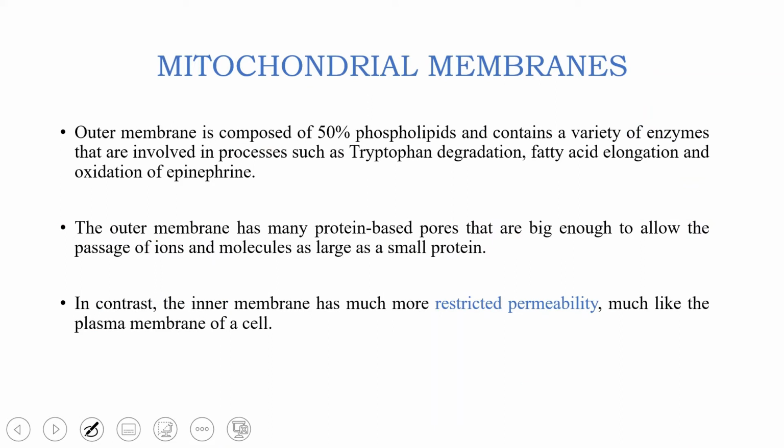Coming to the mitochondrial membranes, the outer membrane is composed of 50% phospholipids, and it contains a variety of enzymes for several different processes. So processes that occur in the outer membrane with the help of the enzymes present in the outer membrane are tryptophan degradation, fatty acid elongation, and oxidation of epinephrine.